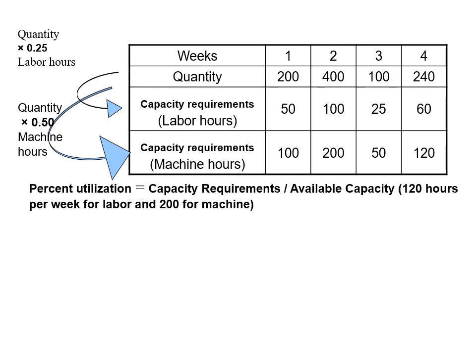Percent utilization: capacity requirement divided by available capacity. Available capacity 120 hours per week for labor and 200 for machine.